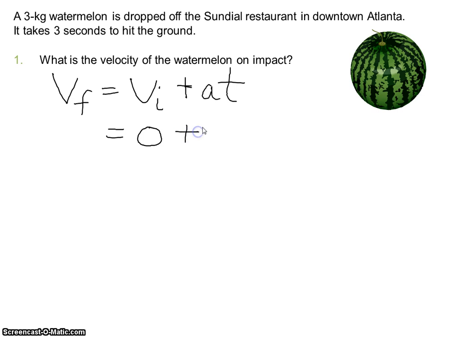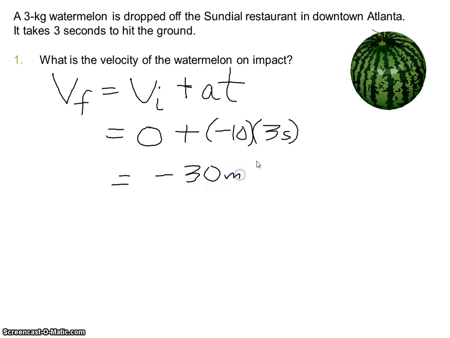It was dropped from rest. And the acceleration is negative 10. That's because gravity is the only thing acting on it. And the time that it took to hit the ground, according to the problem, is 3 seconds. So pretty straightforward. Our answer is negative 30.